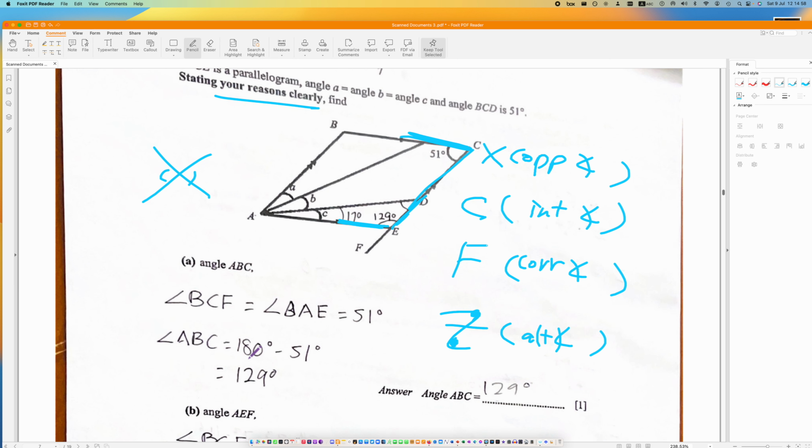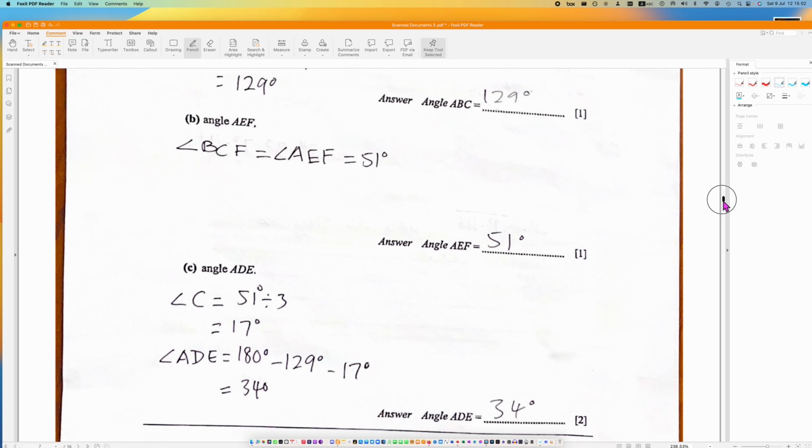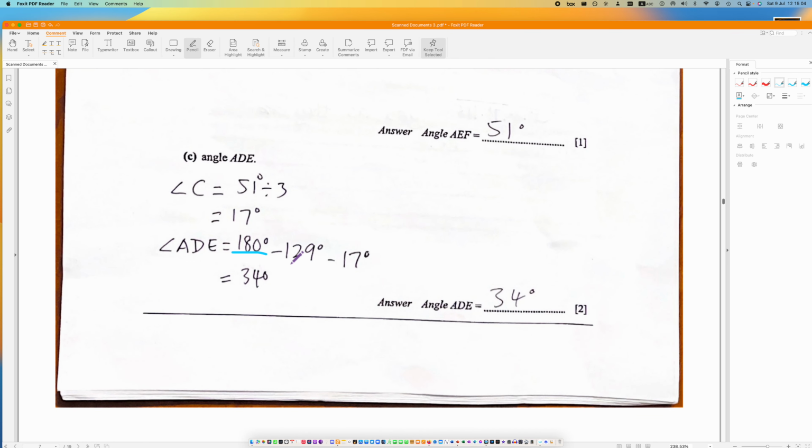180 minus 51, what is this reason? Like you have 3 triangles, they add up. So most likely it's this. So you say angle 1 is 180 minus 129 minus 17. What's this reason? They add up to 180, I know, but what's the reason?